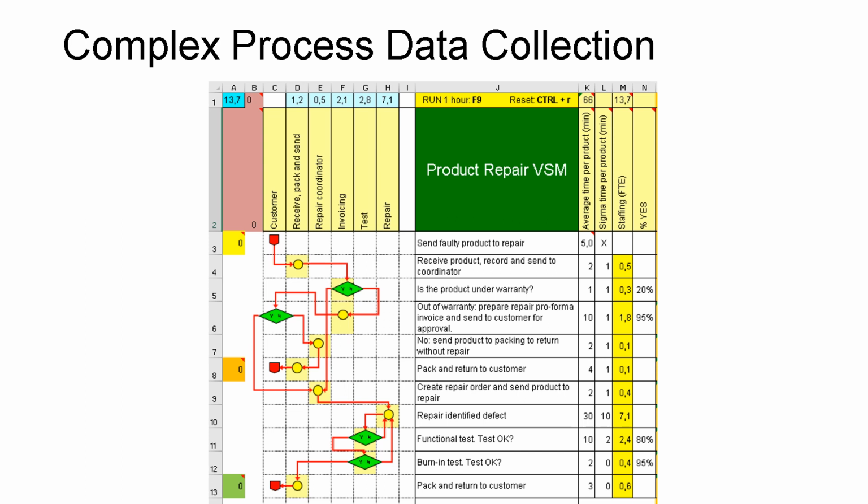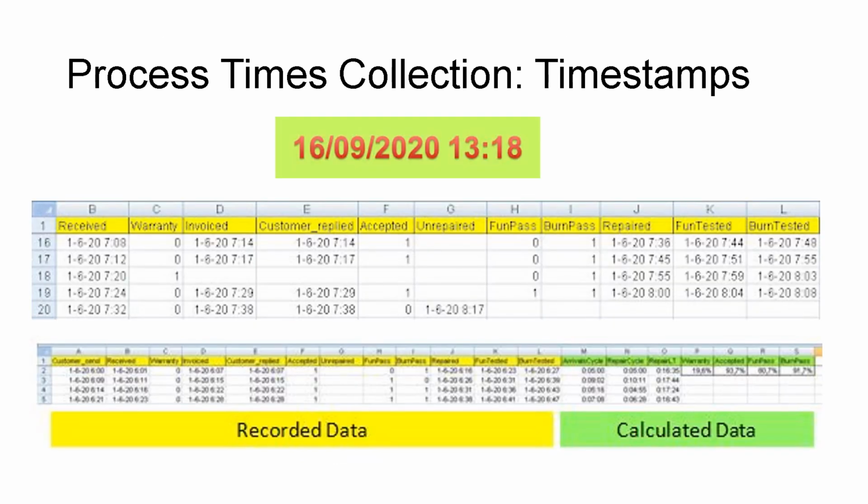Collecting WIP data manually may not be very useful, since the values may vary widely depending on the moment we visit the line. Process times may also have significant variation. Ideally, we must define data collection points along the process and collect data automatically if possible.